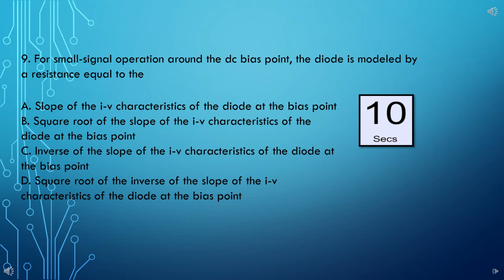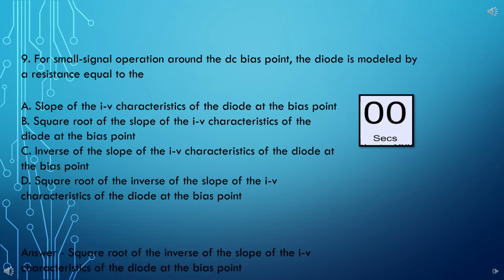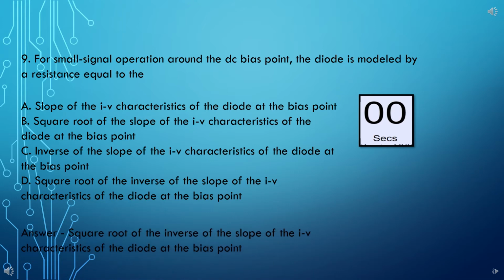D. Square root of the inverse of the slope of the IV characteristics of the diode at the bias point. Answer: square root of the inverse of the slope of the IV characteristics of the diode at the bias point.